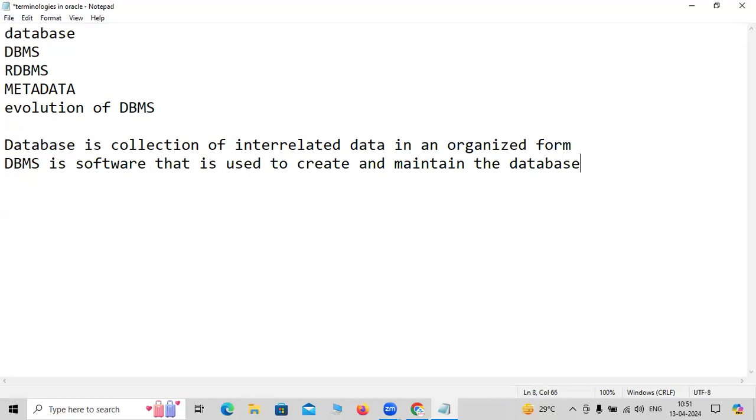So it is a software that is used to create and maintain the database. So now हम लोग before going to the definition of RDBMS, we will see the evolution of DBMS.